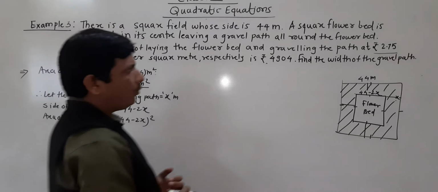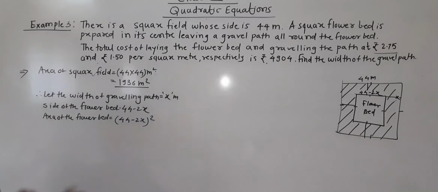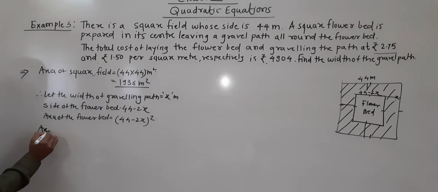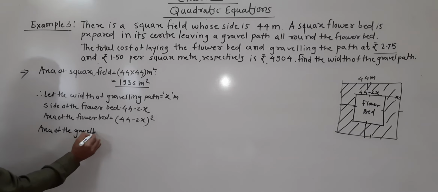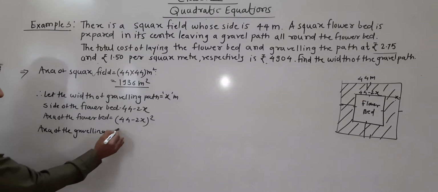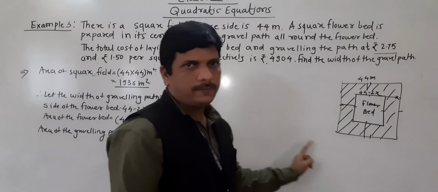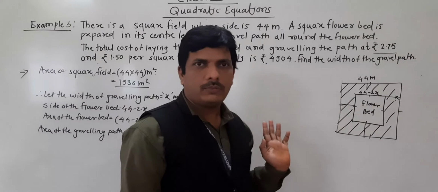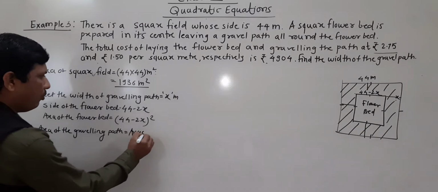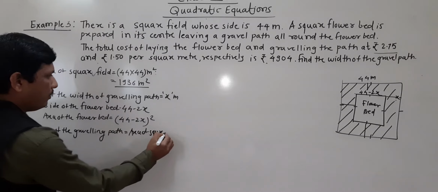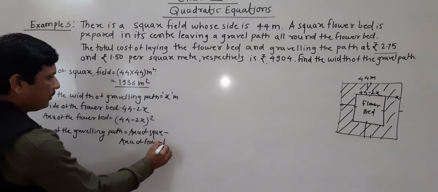Now if I want to find out the area of the gravel path, how can we find it? Area of gravel path is equal to area of square minus area of flower bed.